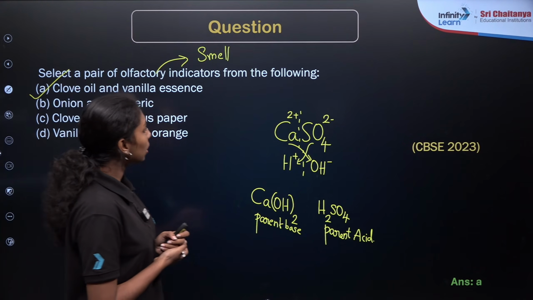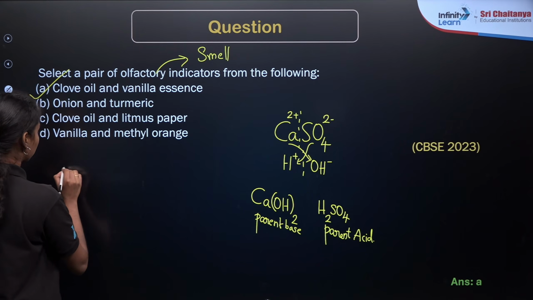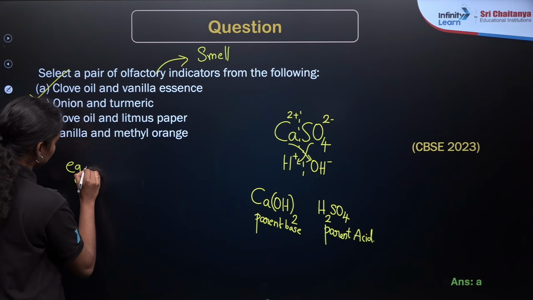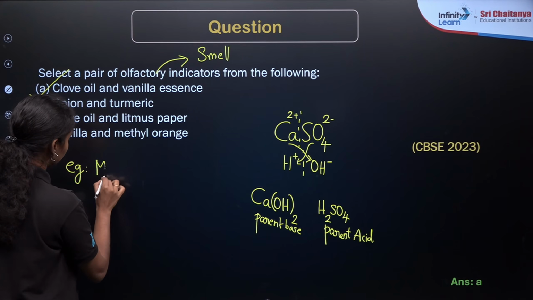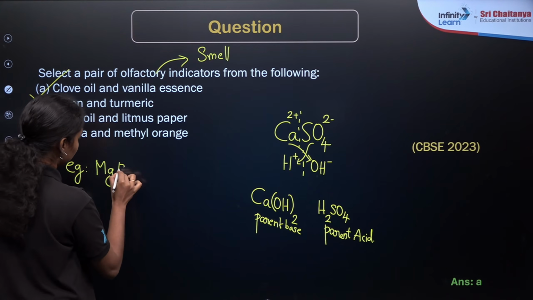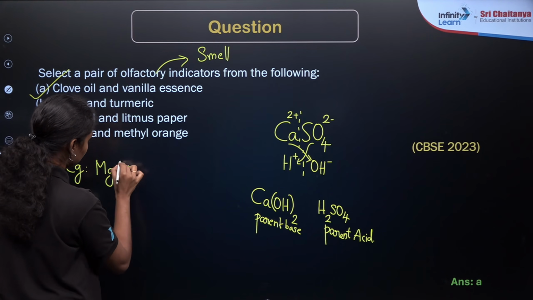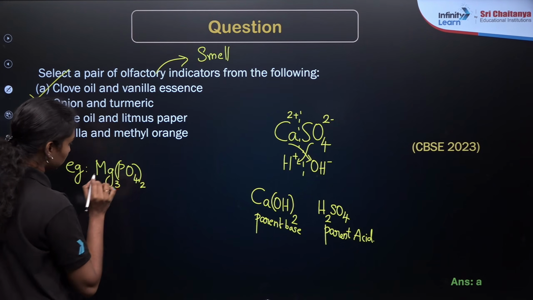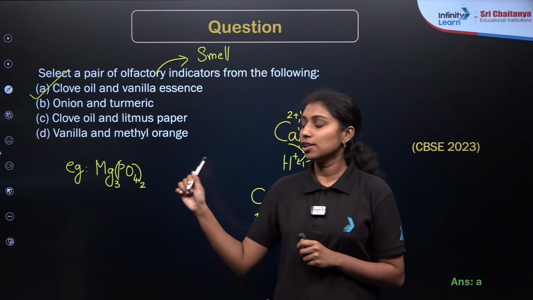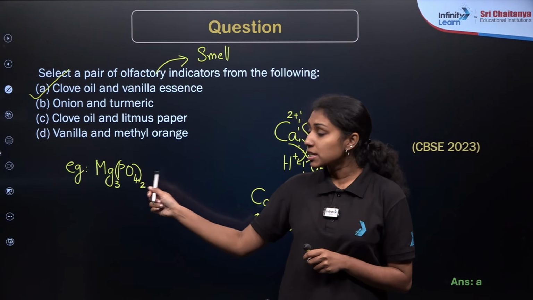So I will give another example. What will be the parent acid of this salt here, magnesium phosphate?